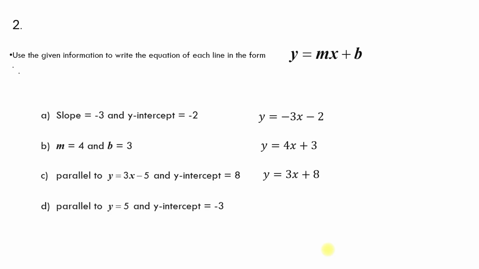So the slope is going to be 0. And the y-intercept is negative 3, so it's basically y equals 0x minus 3. And since we don't need to write the 0x, we simply write y equals negative 3.